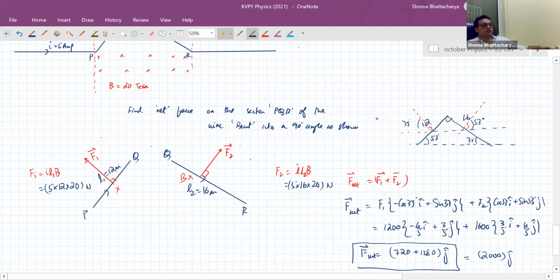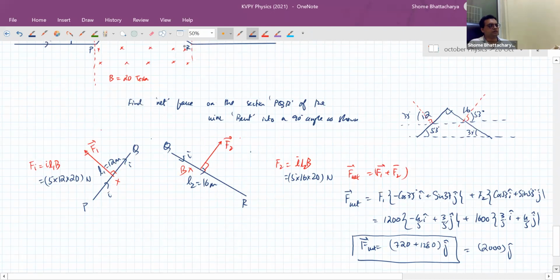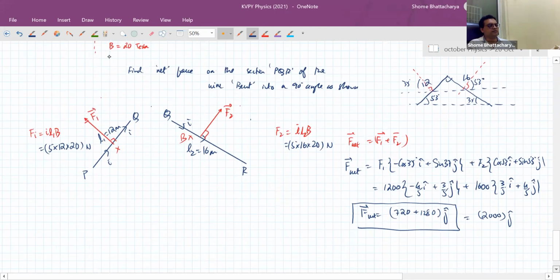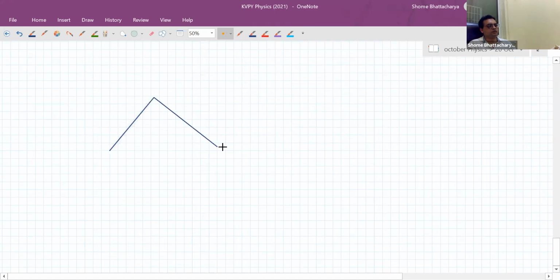Okay, now the trick method of doing this question would be that I have this section PQ and QR which are carrying currents like this.